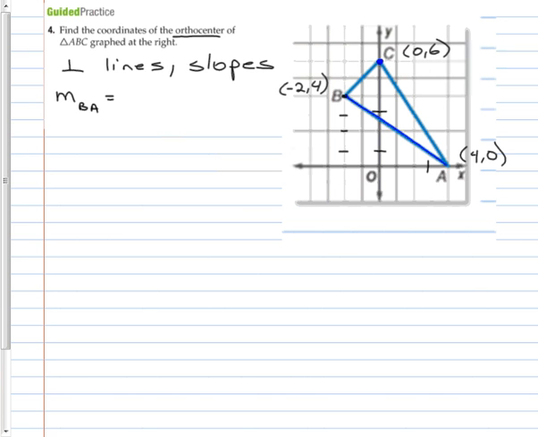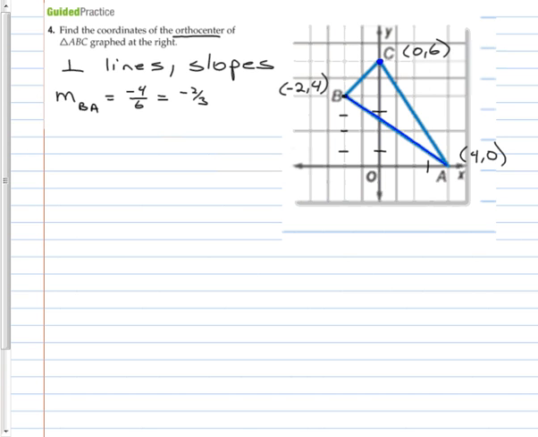Boy, we're full of remembering today. Rise over run, that's one way of getting slope. Let's use that idea. If I go from B to A, I actually have to go down. So what does that mean about my rise? Negative. Down 1, 2, 3, 4, and then the run, how far? 6. Down 4 over 6, which reduces to negative 2/3.